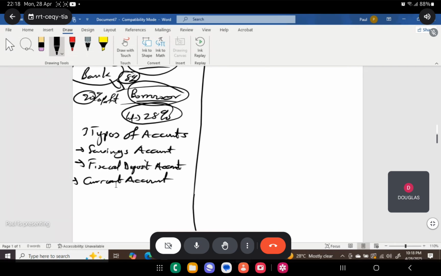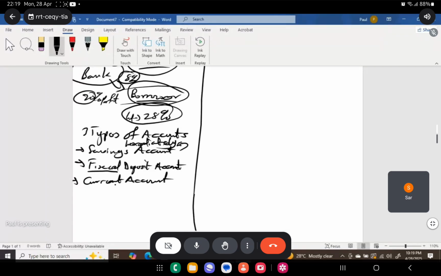So you can see that fixed deposits has the word fixed. Now, a savings account is an account whereby depositors are allowed to save their monies for a period of time and withdrawal can be made immediately, anytime.